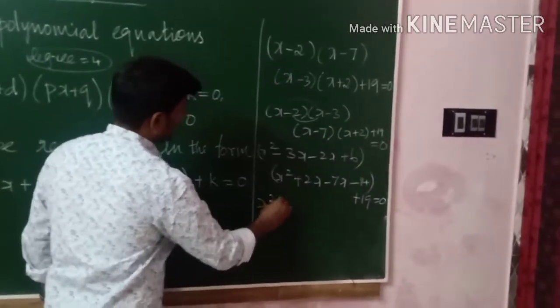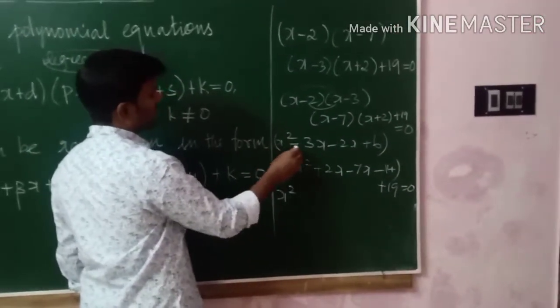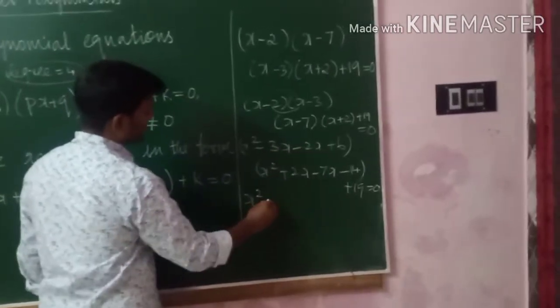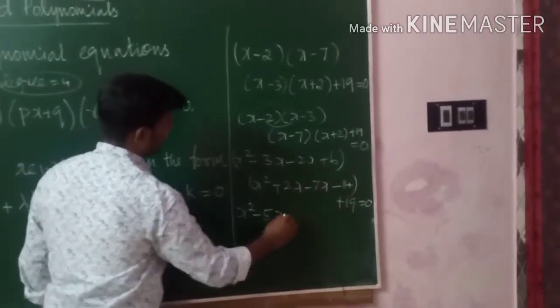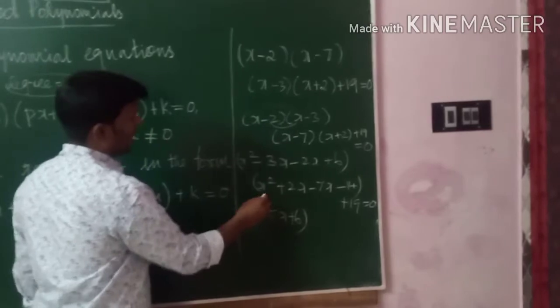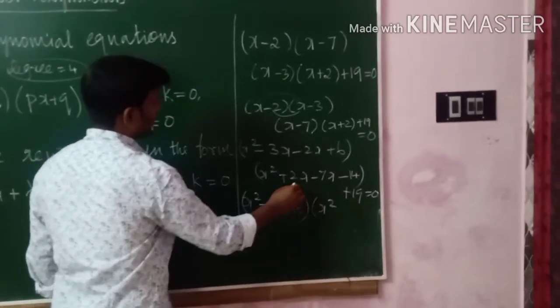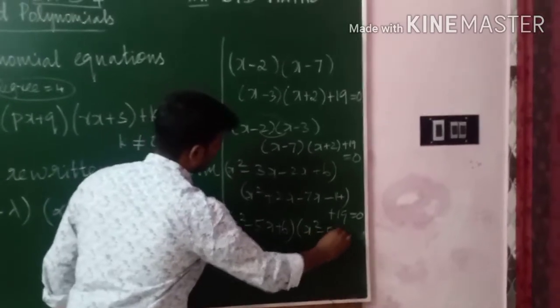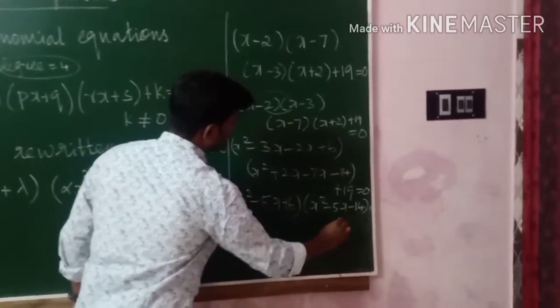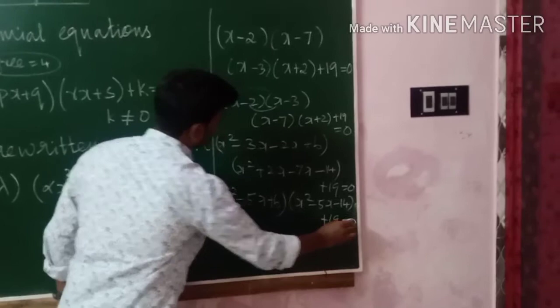So the first quadratic polynomial is x² − 3x − 2x = −5x + 6, and the second one is x² − 7x + 2x, that is −5x, − 14 + 19 = 0.